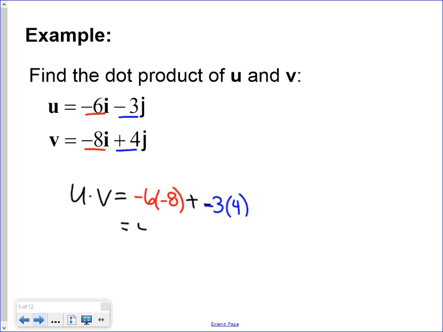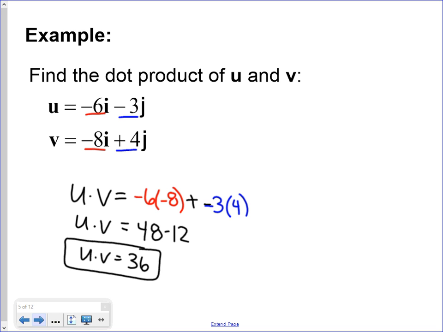So you come up with something like 48 minus 12. So u dot v is 36. You have a dot product. Any questions about that calculation?